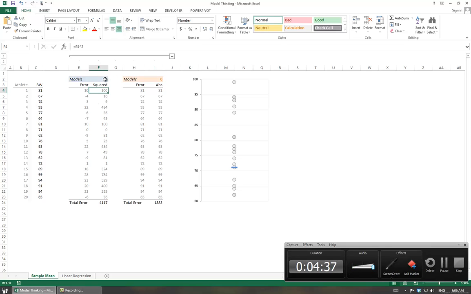So we have a model that's a line, and we have a total error, the difference between the line and each point, squared and summed up. So what we are trying to do is to minimize the total error. We want to find a model that suits our data so that the error term is minimal.